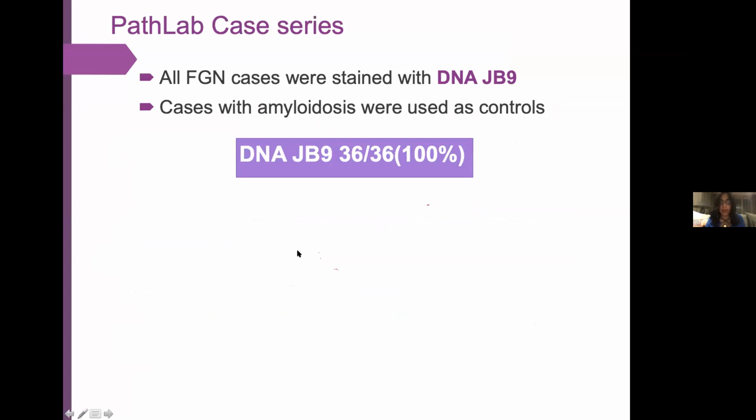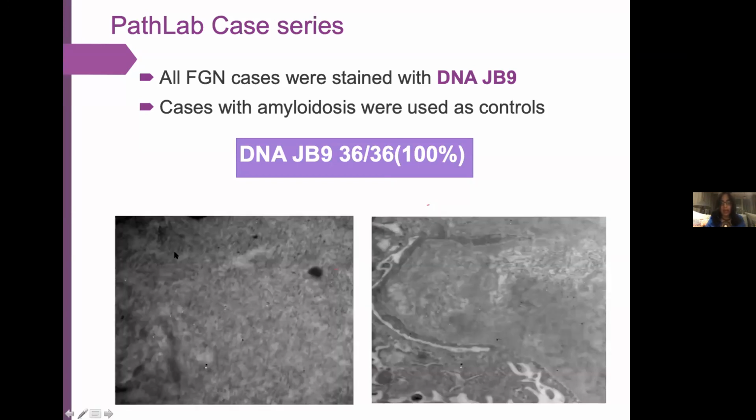And we have done this when we got the marker. We went back to our fibrillary series, our Egyptian patients, and we stained all of them. Cases of amyloidosis were used as controls, and there was 100% positive staining for DNAJB9, no stains in the controls. And as I said, all of these fibrillary cases were already documented as fibrillary by electron microscopy.